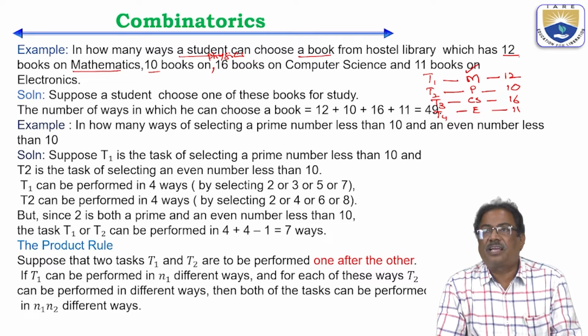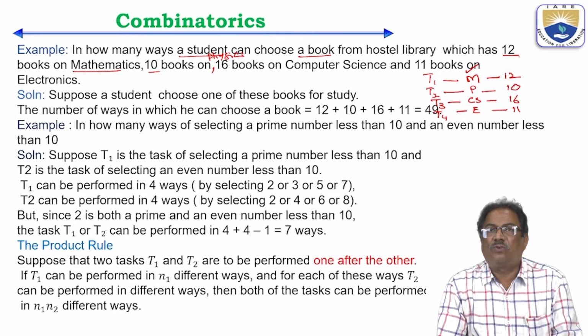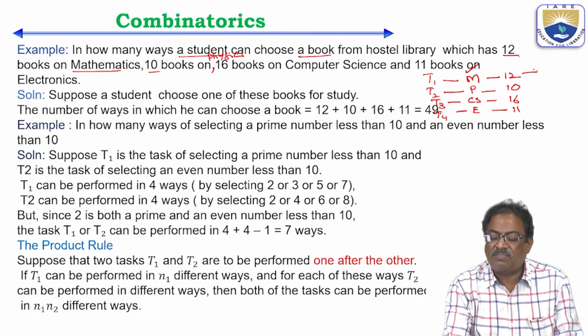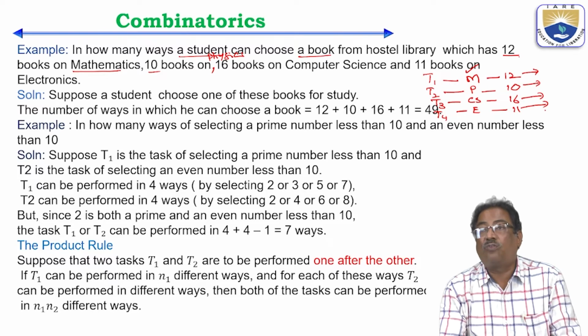Task 3 is selecting a computer science book, in 16 ways. And task 4 is selecting an electronics book, in 11 ways. So there are 4 tasks, T1, T2, T3, T4, performed in n1, n2, n3 and n4 ways.